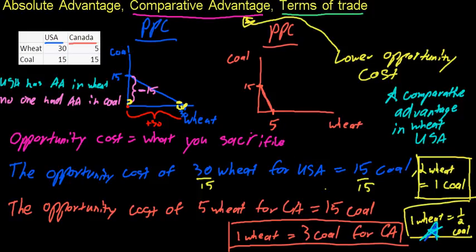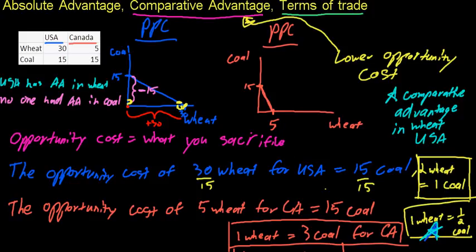Now we're going to see that Canada has a comparative advantage in the production of coal. And here's how we're going to see that. So for Canada, 1 coal, hold on, I'll make that a little cleaner, 1 coal is equal to 1/3 a unit of wheat. Whereas for the US, 1 unit of coal was equal to 2 units of wheat.